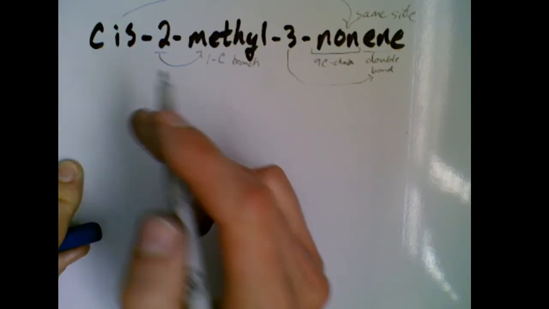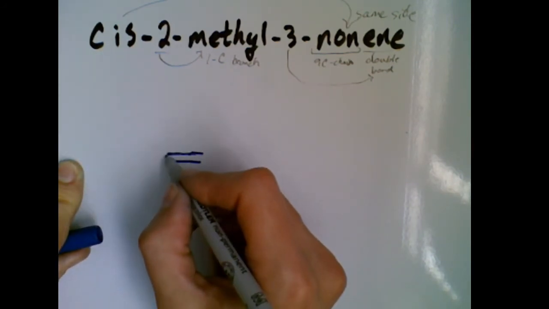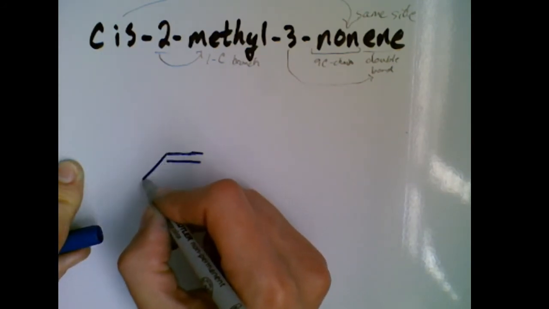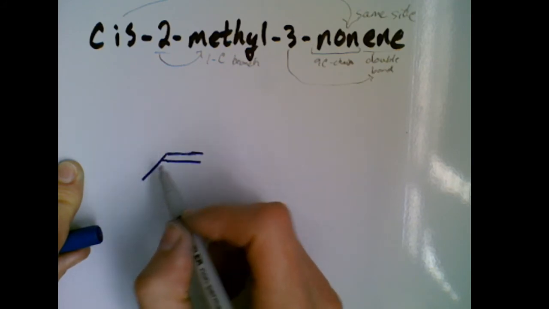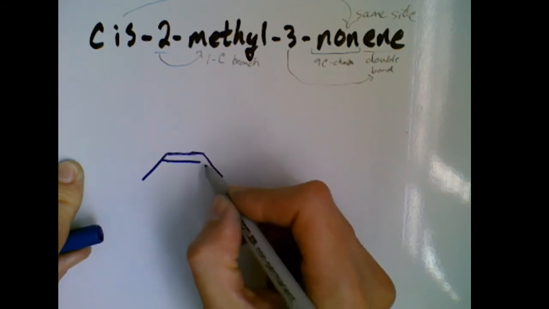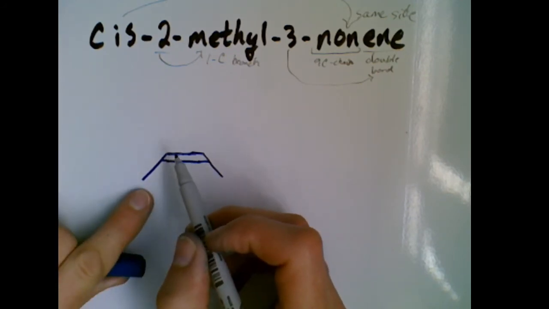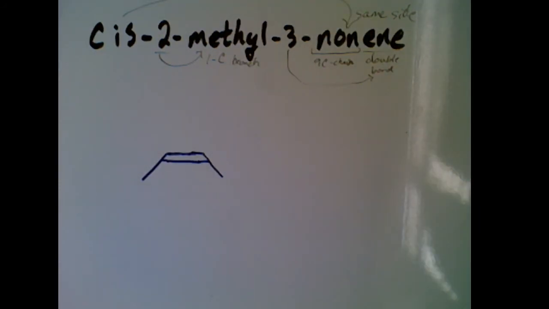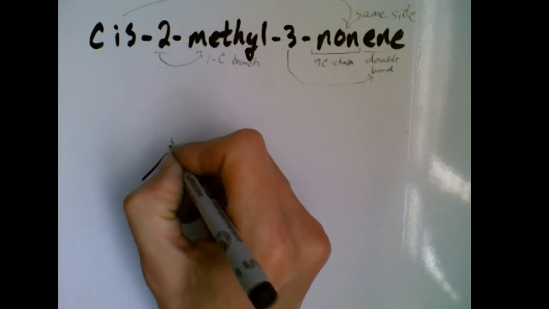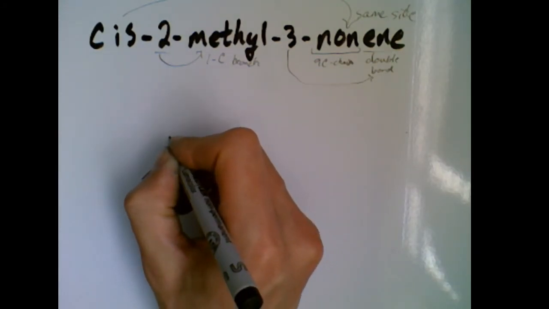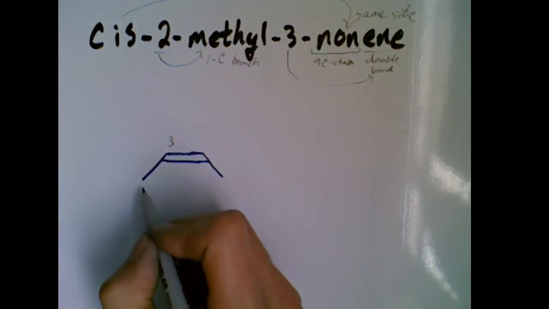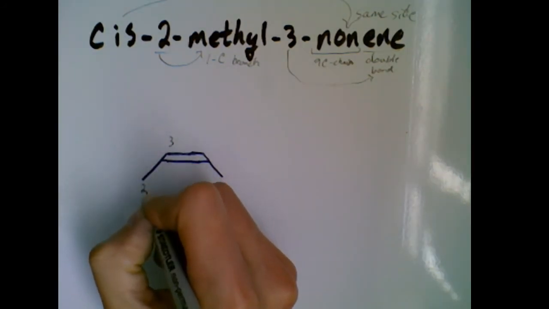This is cis. So what that means is I need to draw my chain so that it continues on the same side before and after. And now I need to think, okay, if this is actually the 3 position, then I need 2 here.